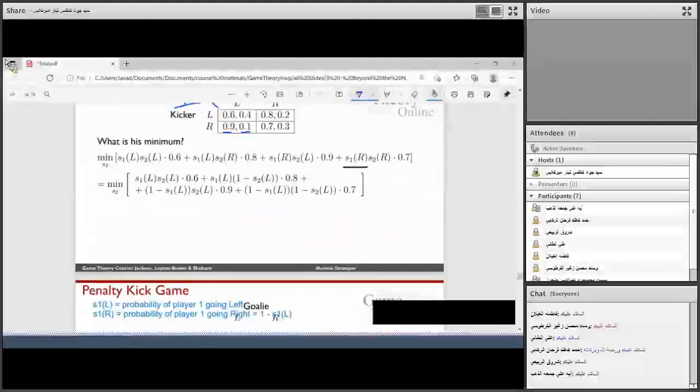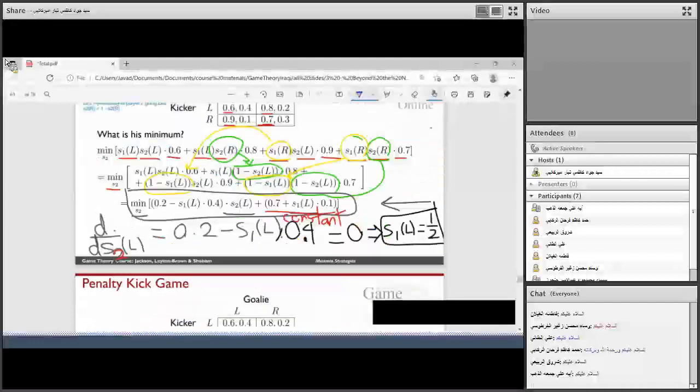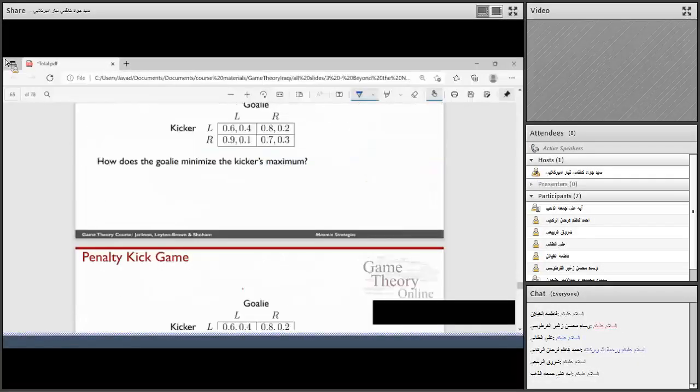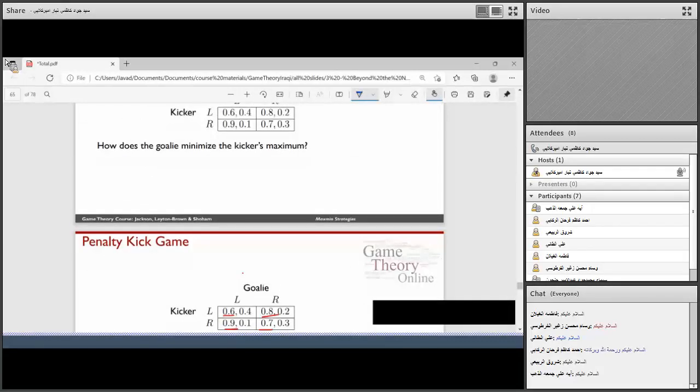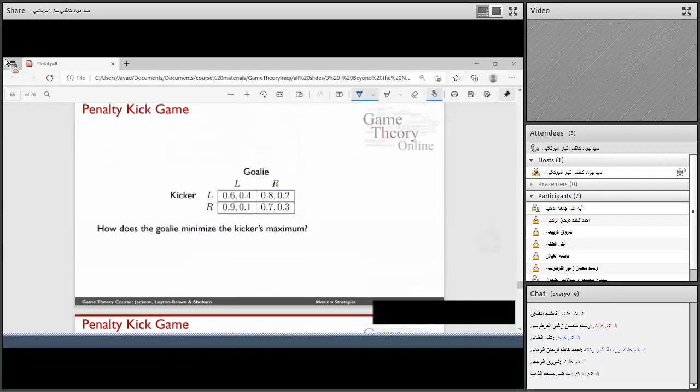We're not involved. And how does the goalie min? Yeah, that's the thing we're dealing with. This is the problem we're working on. This is a min-max problem. We want to solve this min-max problem. How does the goalie, which is the second player, minimize the kicker's maximum, which is the first player?